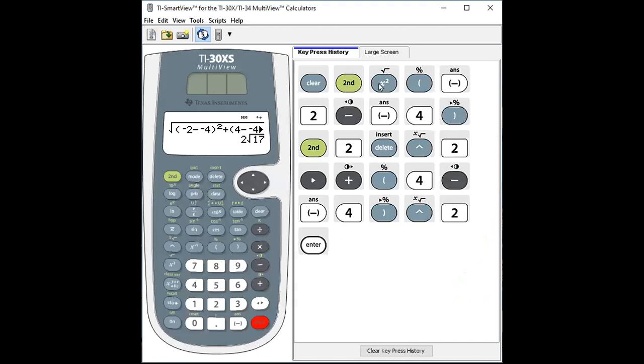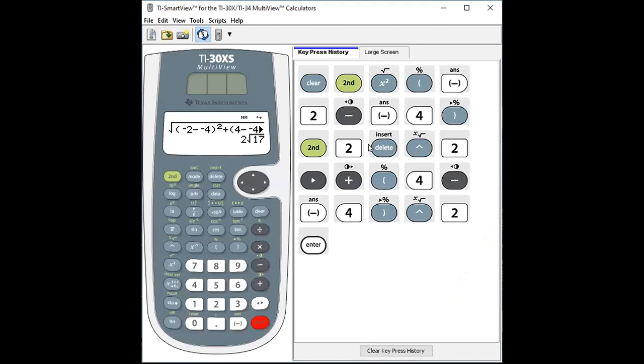So second function, x squared, left parenthesis. Use the negative button because it's -2, minus, use that dark gray minus key, -4. Close your parenthesis, up arrow, excuse me, up arrow 2 to get the exponent on there. Nope, that's the wrong thing.